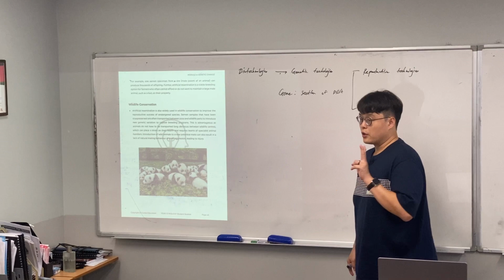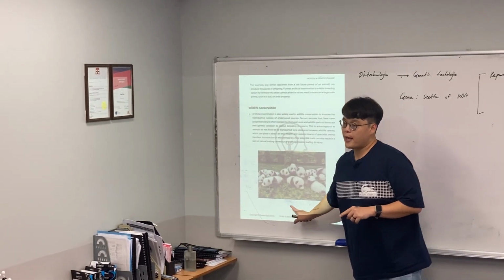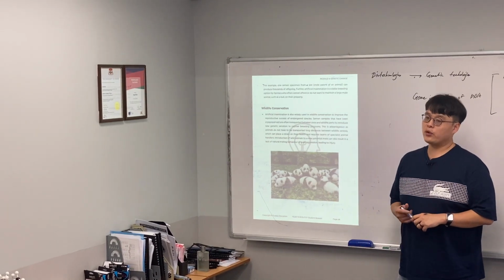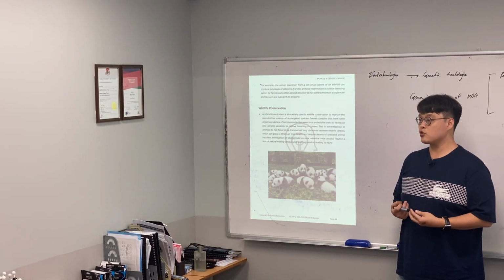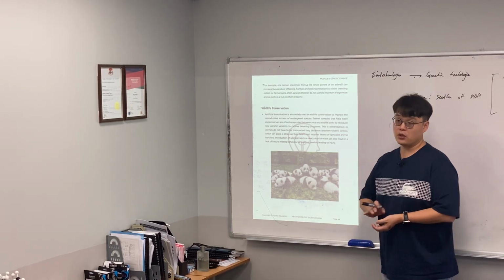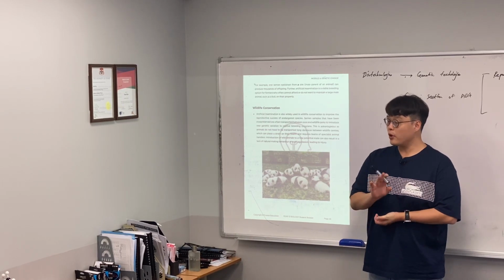The same things happen in some chickens and other animals as well. Two, a good advantage is that we can conserve wildlife, like pandas, a good example. Pandas are about to go extinct due to some environmental issues. They are very unique, a species we only find in mainland China.